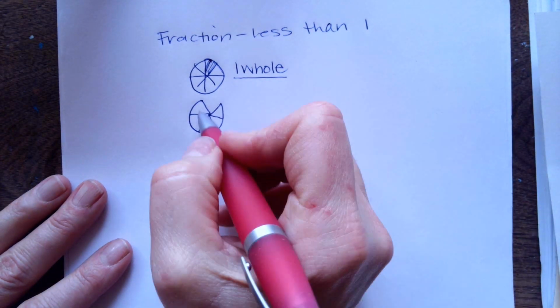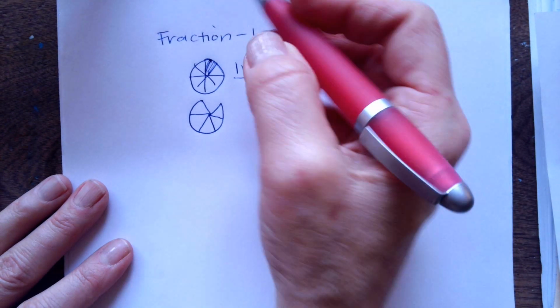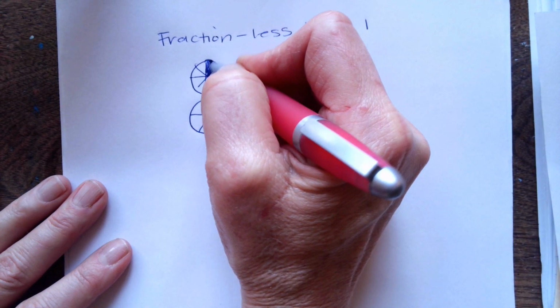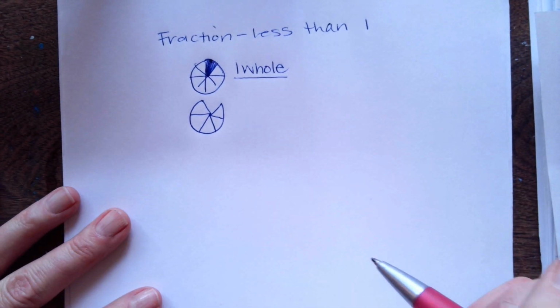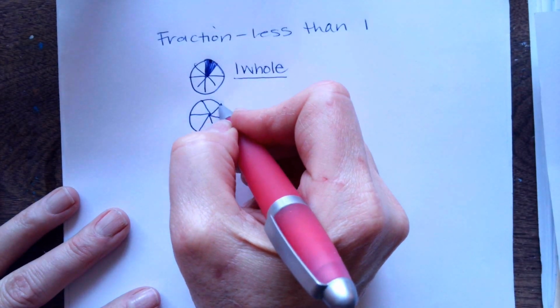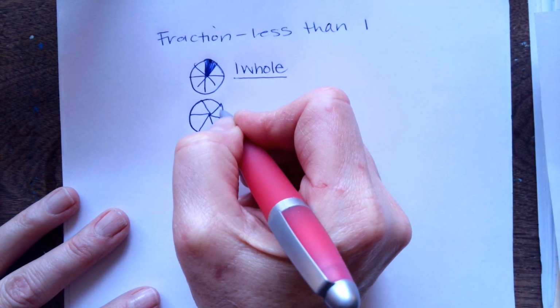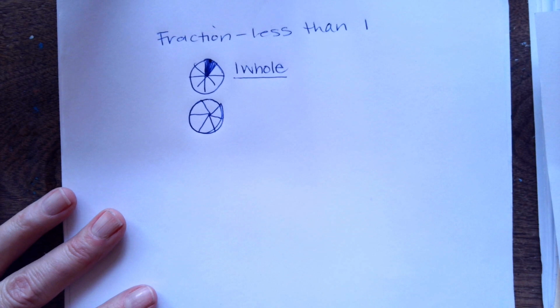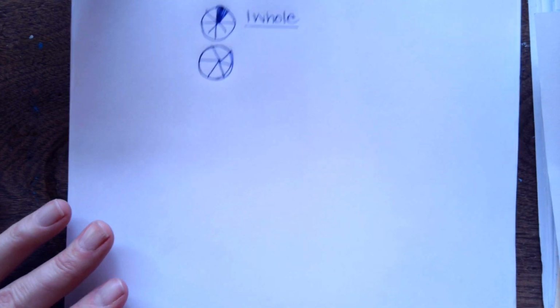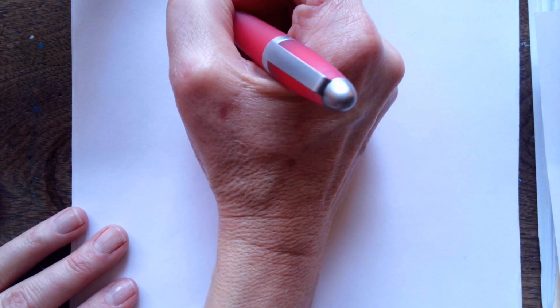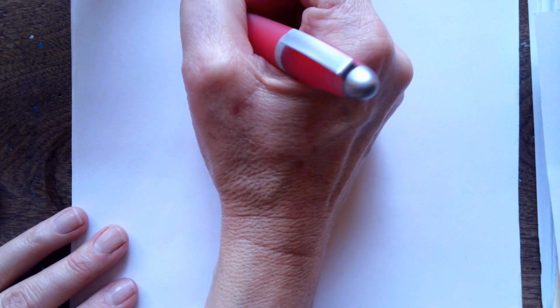But instead of only drawing a shape like this, we just shade in the part that we're talking about, and then it'll be out of as many pieces as the pie, or the pizza or the cake, is cut into. So this would be 1 whole pizza or 1 whole pie.